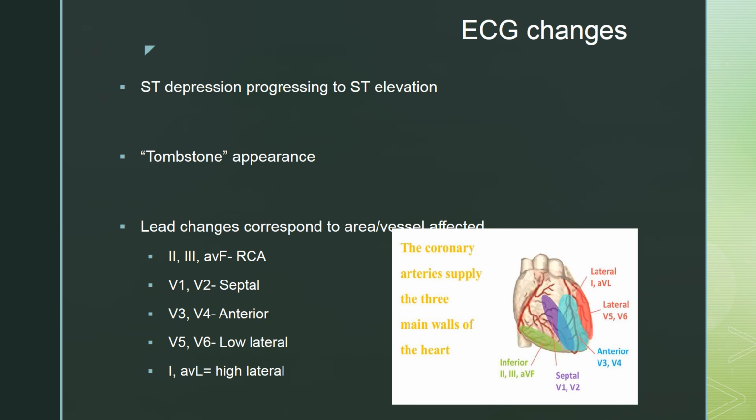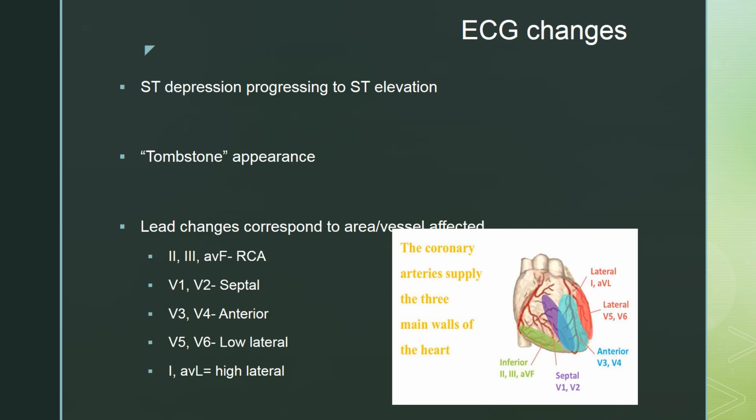Now, when you're looking at a 12-lead EKG, each lead deviates what part of the heart. Like II, III, and aVF, and you can see II, III is the inferior part of the heart. V1, V2 is the septal.